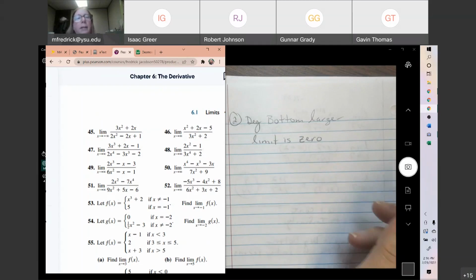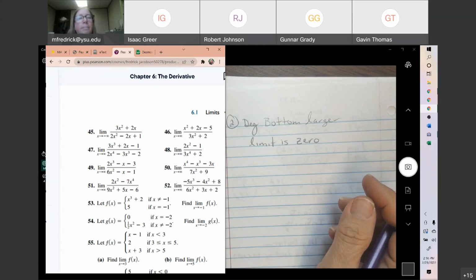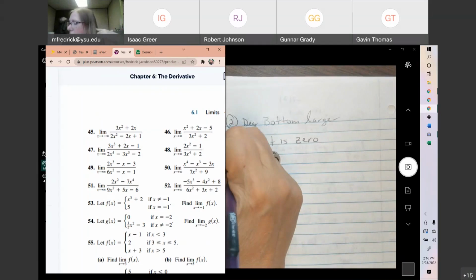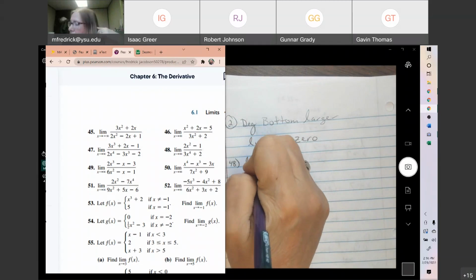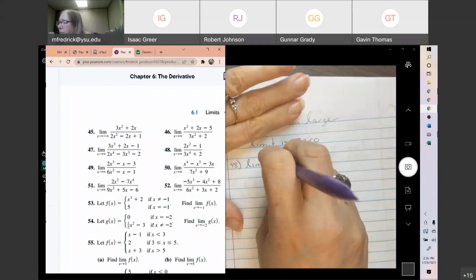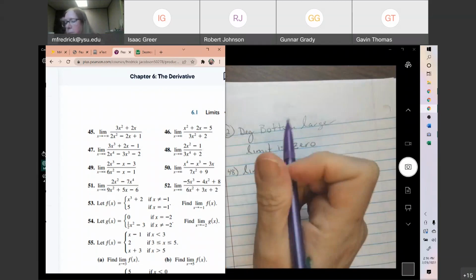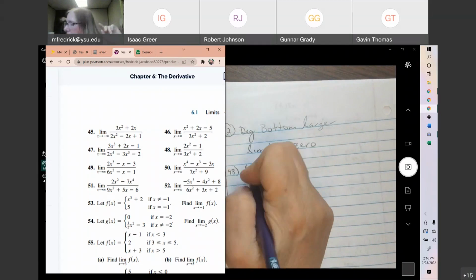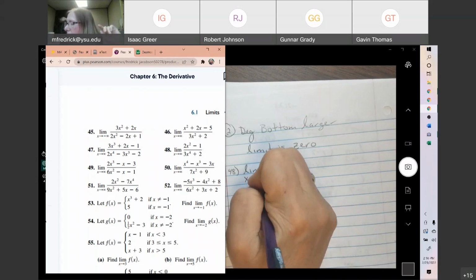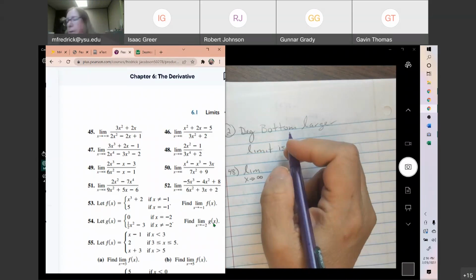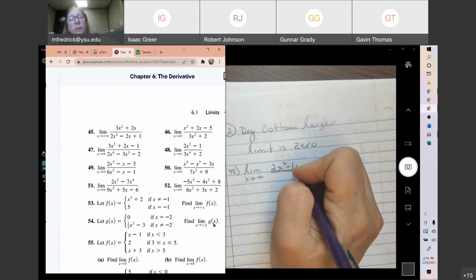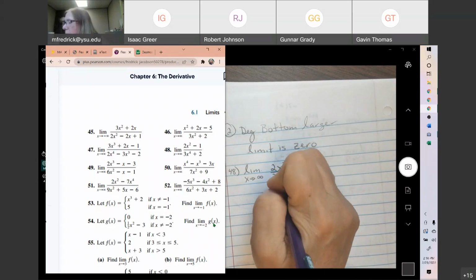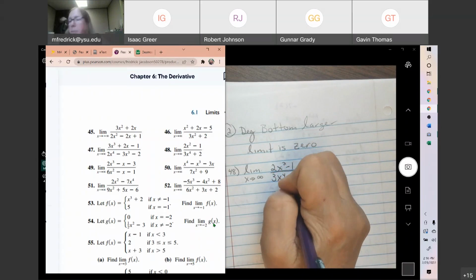So if we look at 48. The limit as x approaches positive infinity, 2x squared minus 1 over 3x to the fourth plus 2.